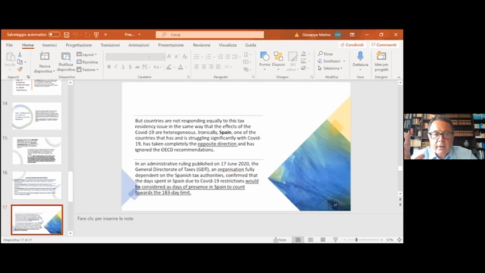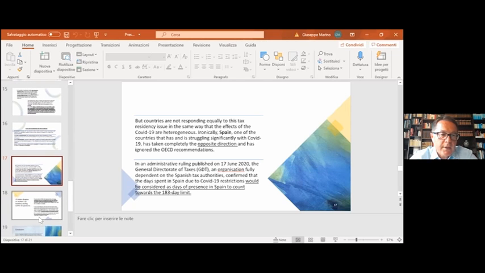So whatever we can claim, we can assess in terms of mobility or presence of managers in the Spanish territory as a consequence in terms of residence of individuals, as a consequence in terms of permanent establishments, or worse, residence of corporations, and transversally in terms of transfer pricing rules.